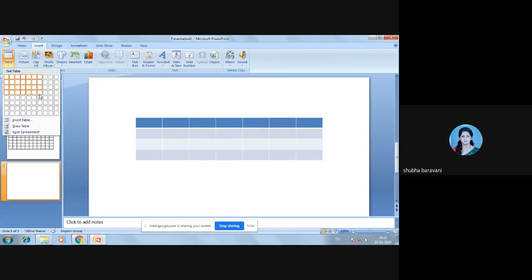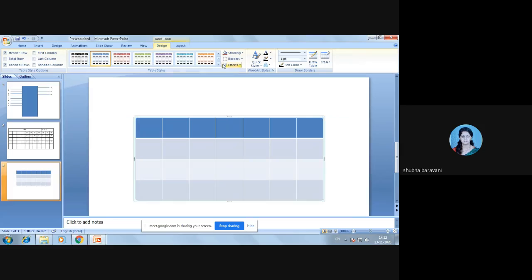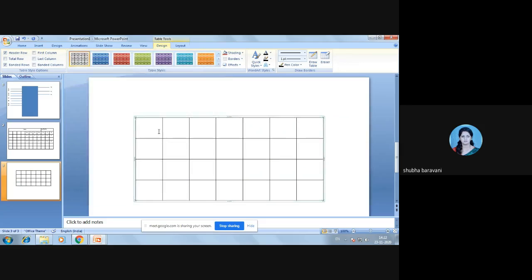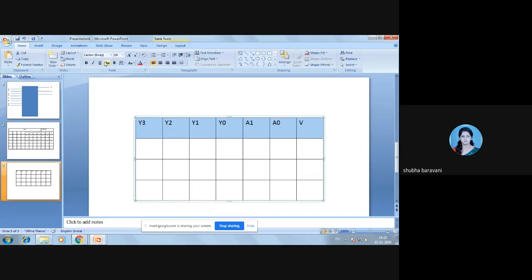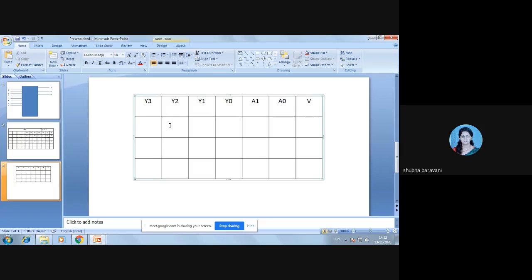Now here my inputs are Y3, Y2, Y1 and Y0, and my outputs are A1, A0 and V. Now see, this encoder will work only if, in this case, all the inputs are 0, then I'll not get a valid code.